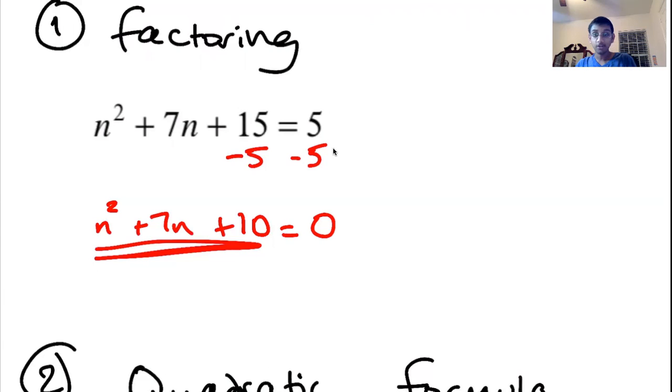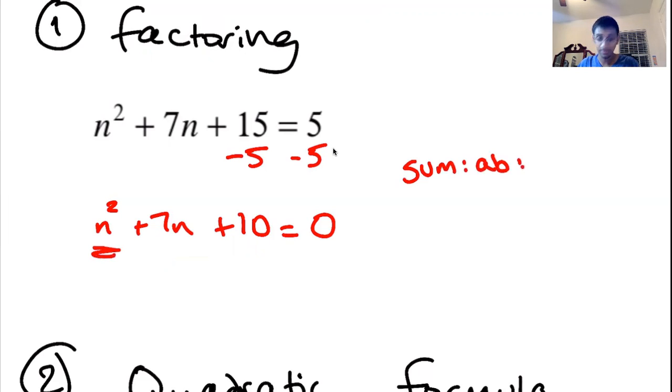And we could actually factor this perfectly, right? Because this is the form ax squared plus bx plus c. So this is a and this is c.